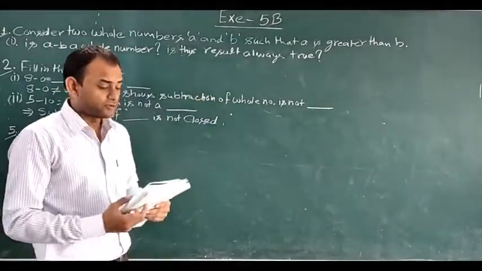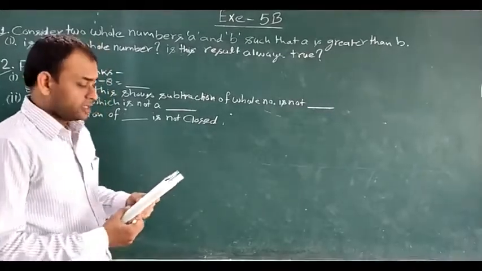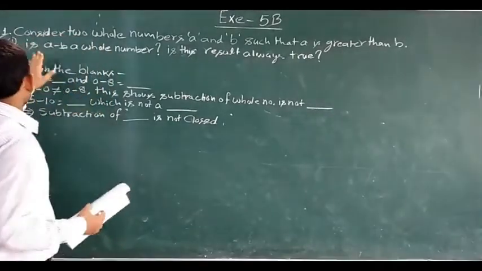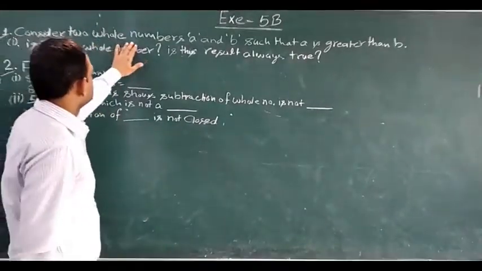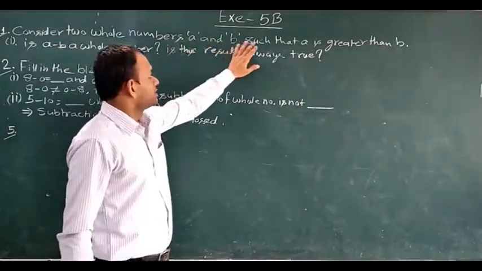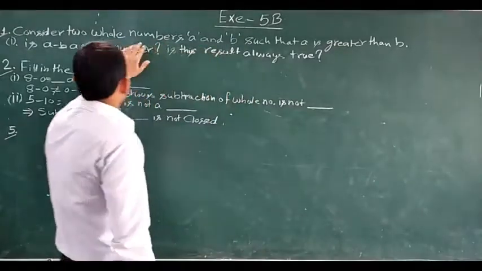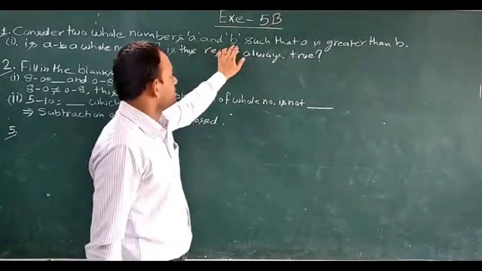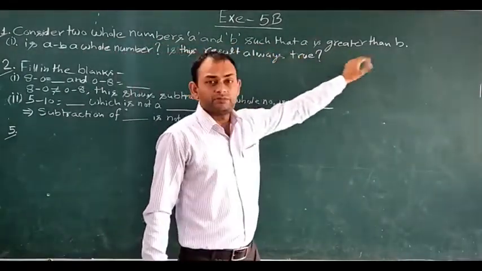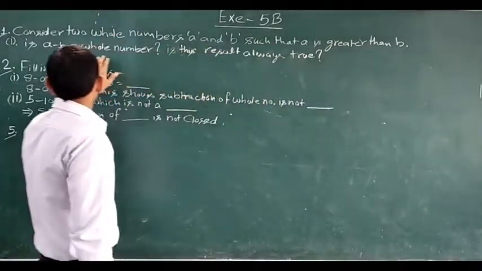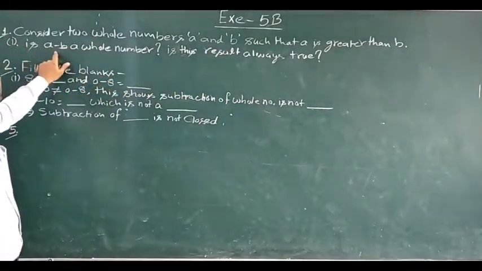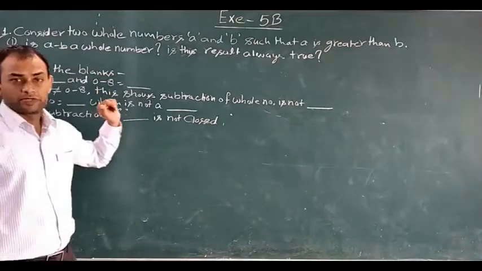So let's start with the first question. Consider two whole numbers a and b such that a is greater than b. We have to answer: is a minus b a whole number?